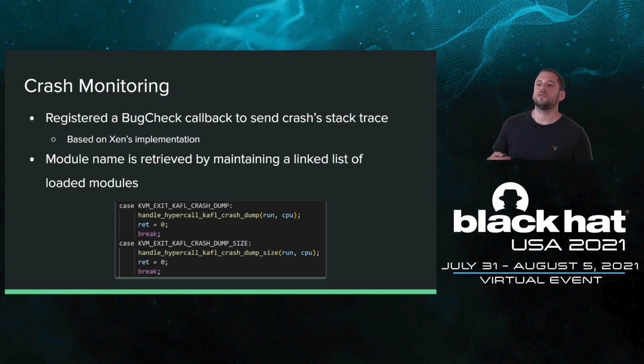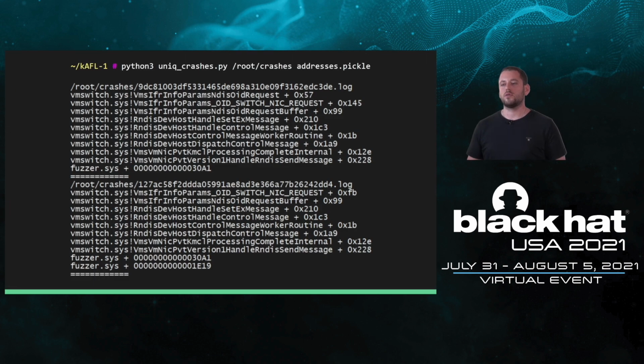And in order to send the data from within our driver to KFL, we implemented two hypercalls within KVM, which enabled us to send the exact size of the crash dump and then the buffer of the crash dump itself. So this is how it looked on our fuzzing server. We wrote a script which iterates all of the crashes, tells us which payload caused the crash, and displays the exact stack trace of each crash.